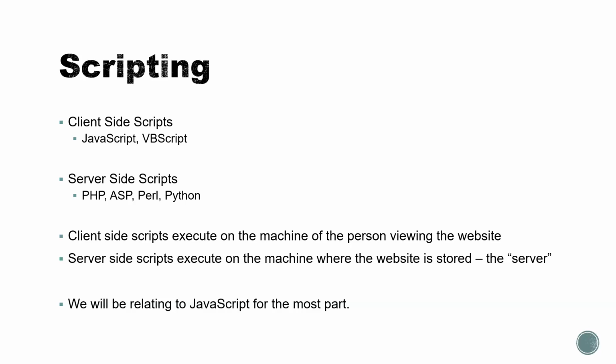Just because you're a client-side machine for one website doesn't mean that you can't store your own websites on there and turn it into a server, but you will still be a client user for any other website. So don't think that you can't have the same machine being both a client and a server-side machine, but the vast majority of times you will be a client, and these codes will be executing on the end user's machine rather than on the server side.